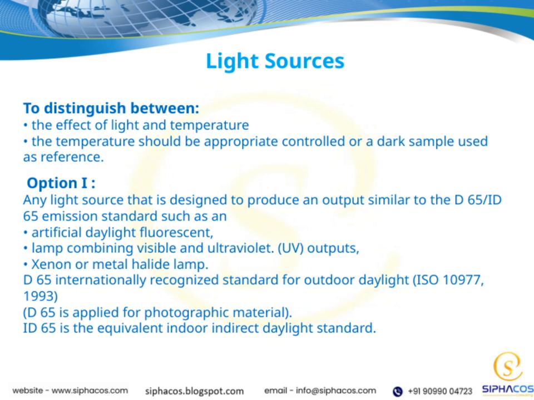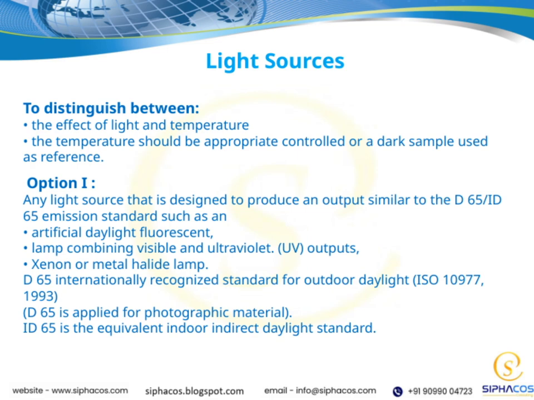For example, artificial daylight fluorescent lamps, lamps that combine visible and ultraviolet outputs, or even xenon or metal halide lamps can be used. D65, in particular, is the standard for outdoor daylight, as specified in ISO 10977 from 1993.